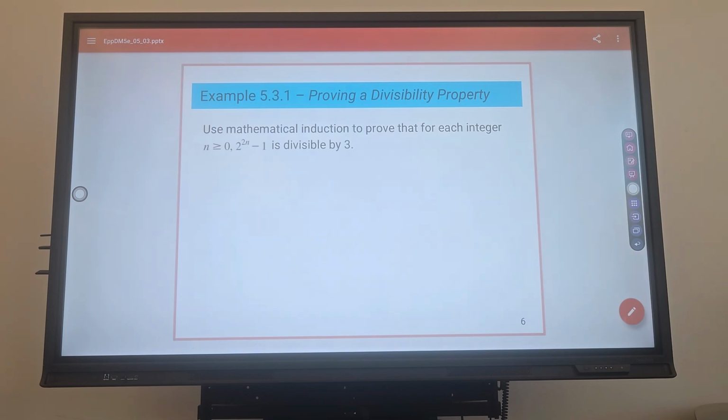Well, use mathematical induction to prove that for each integer n greater than or equal to 0, 2 to the 2n minus 1 is divisible by 3. This is a divisibility property here.